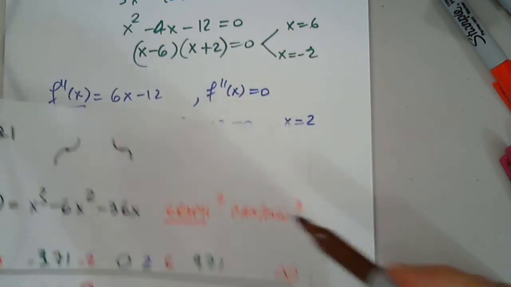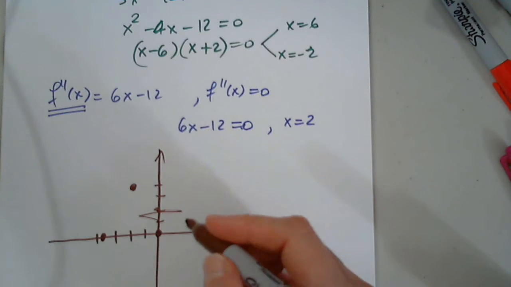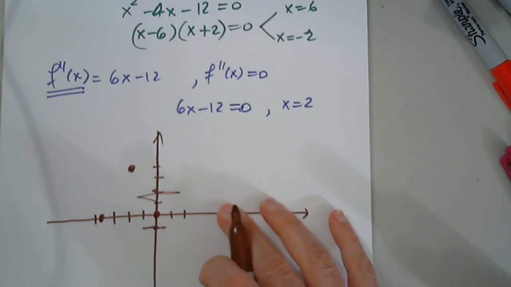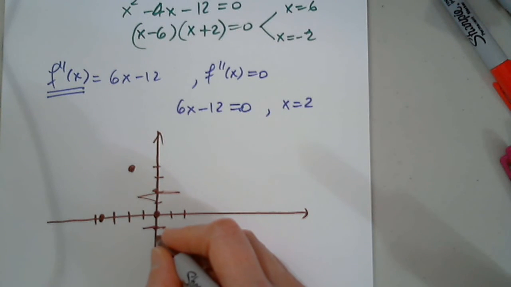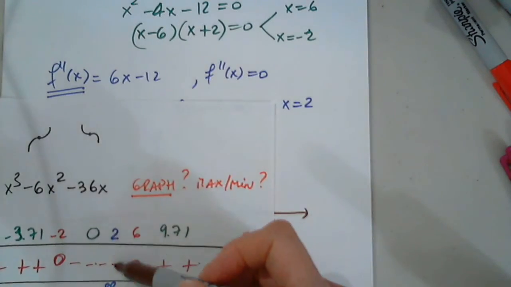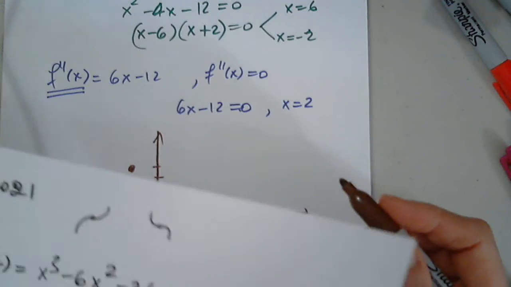Okay. 0 comma 0. That's nice. 2 comma negative 88. I'm going to break it again. I have to. So I'm going to say 50, 100, and I have to get to negative 200. Okay. So this is 2 comma negative 88, somewhere here.